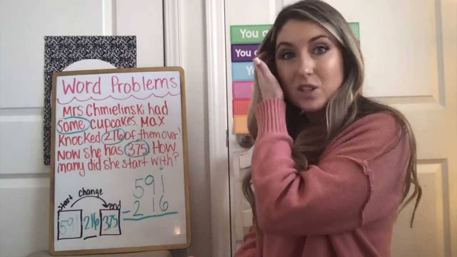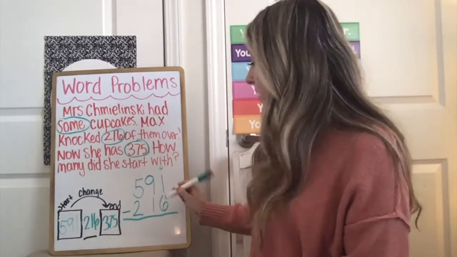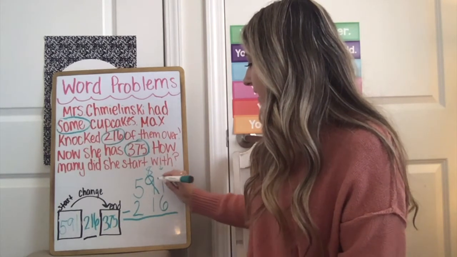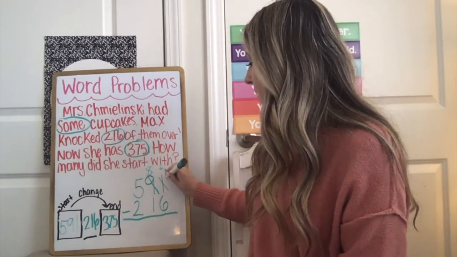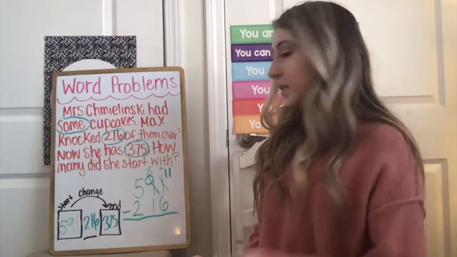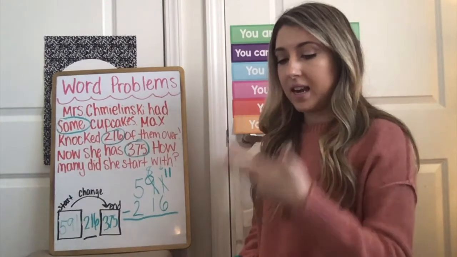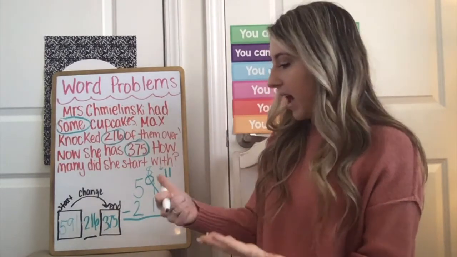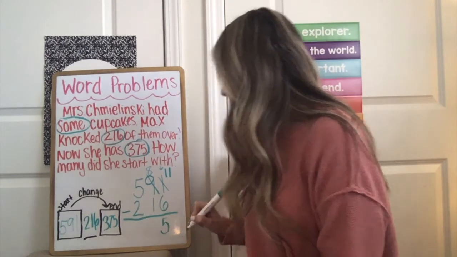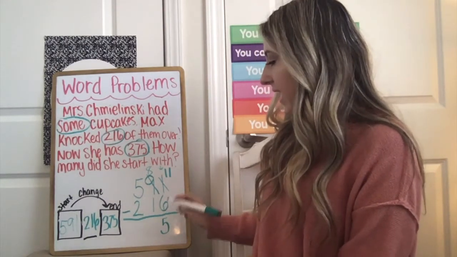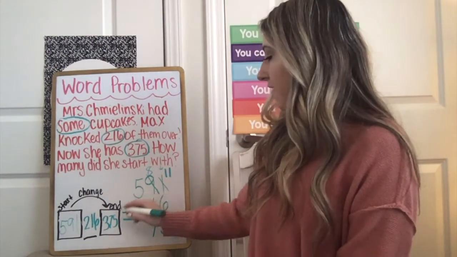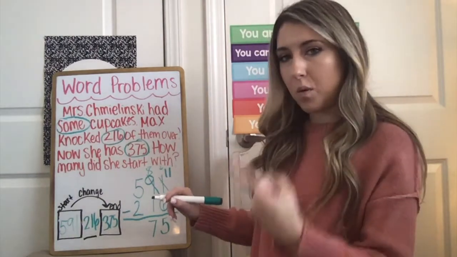Okay, I know I can't do 1 minus 6 because 1 is smaller, so I need to regroup. I need to borrow a 10 and regroup it to 10 ones. Now I could do 11 minus 6. So 11, 10, 9, 8, 7, 6, 5. Okay, 8 minus 1 is 7. And 5 minus 2 is 3.